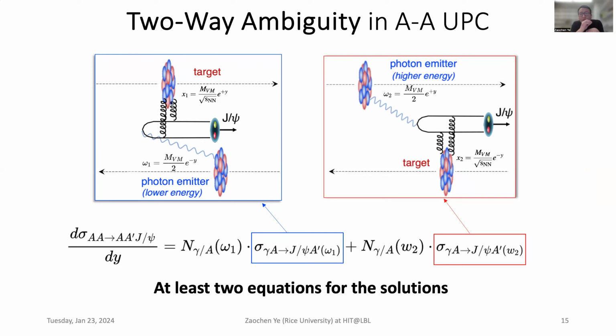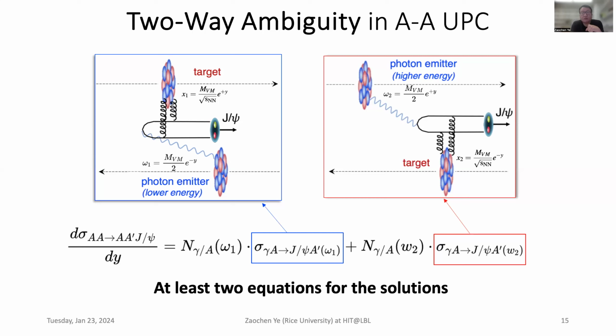In this case, the J/psi will go in the target nucleus's direction. On the other hand, the measured J/psi can also be produced via a higher-energy photon interacting with a lower-x gluon. The produced J/psi will go in the same direction as the photon emitter nucleus.